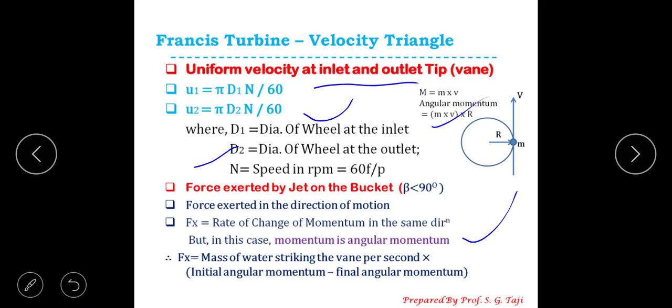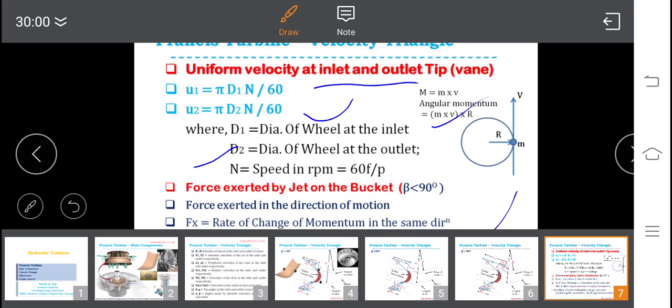Therefore, Fx, the force exerted in the direction of motion, is equal to mass of water striking the vane per second multiplied by change in velocity, that is nothing but initial angular momentum minus final angular momentum.